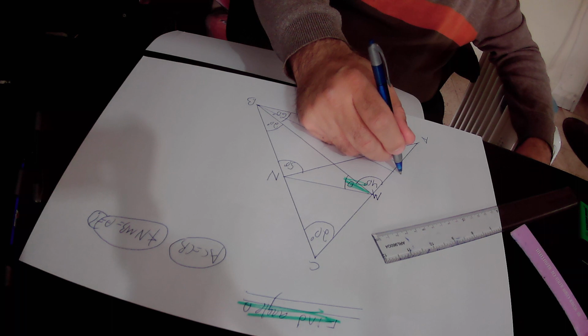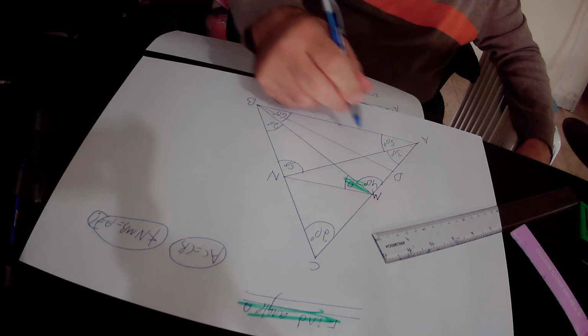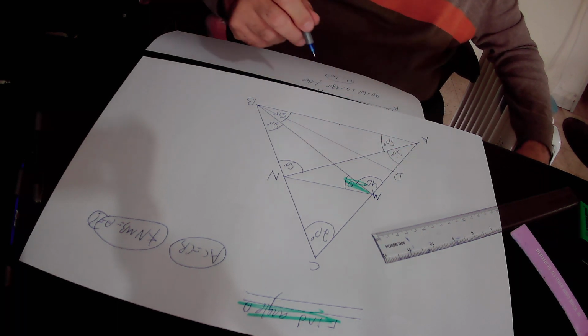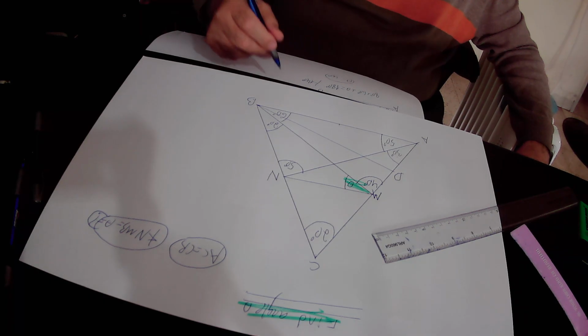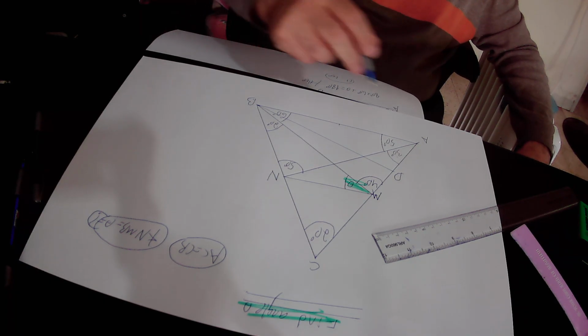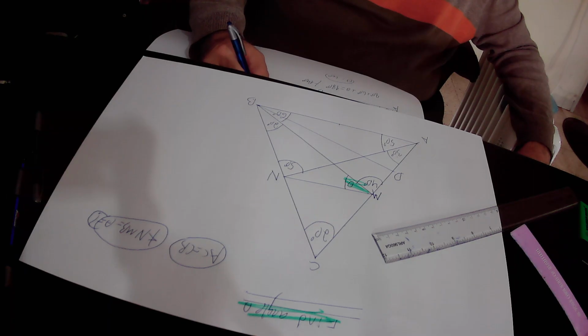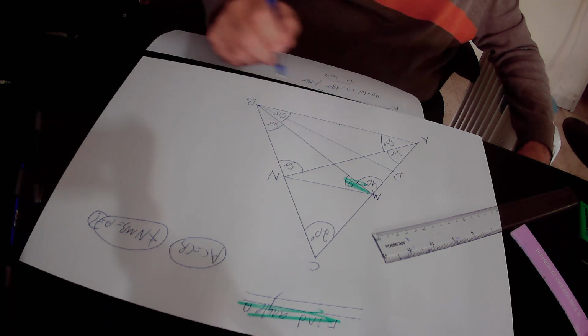So this is line segment BD that we constructed in such a way that line segment BD is equal to line segment AB.